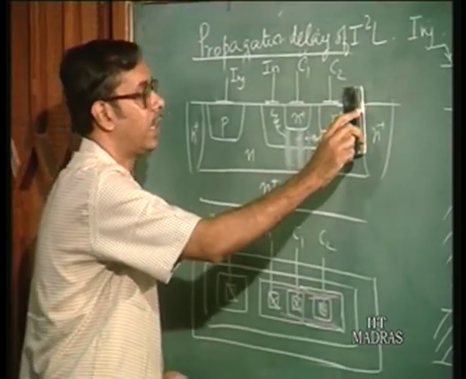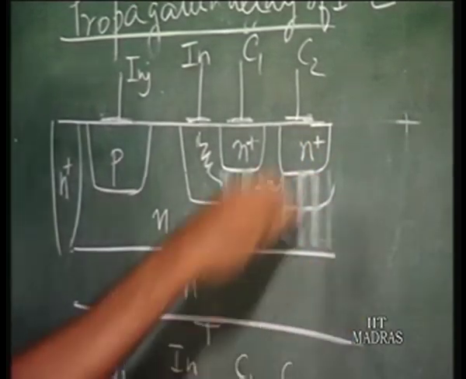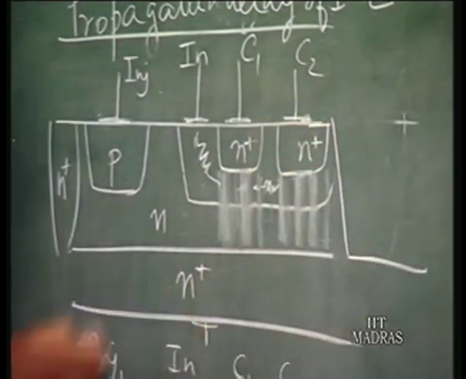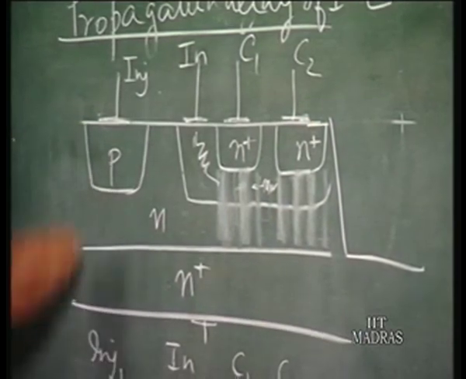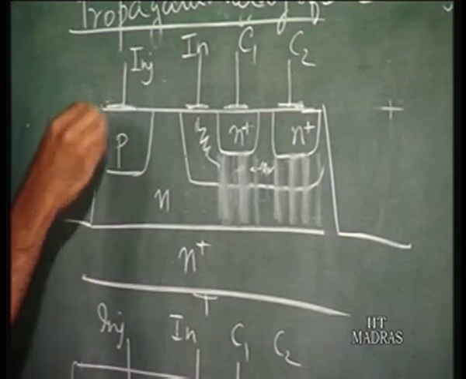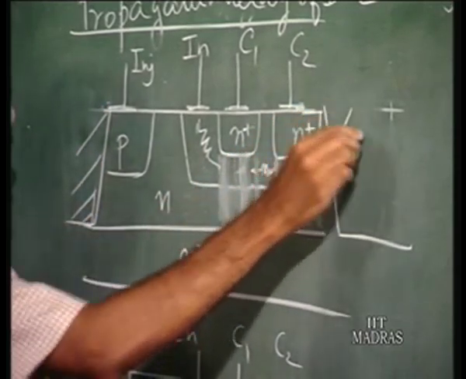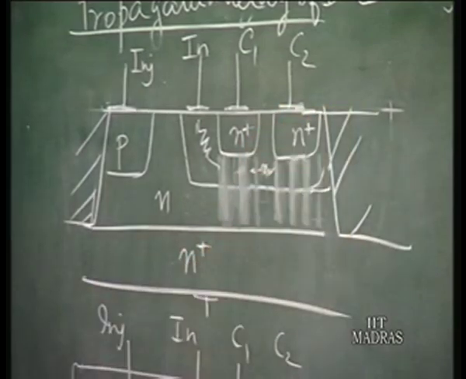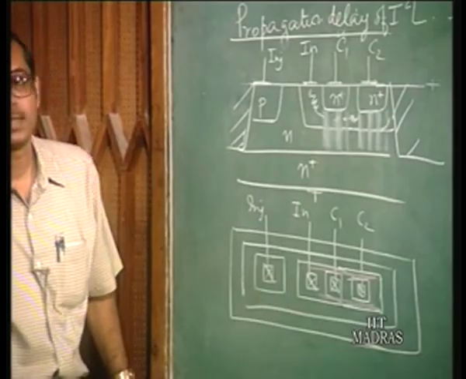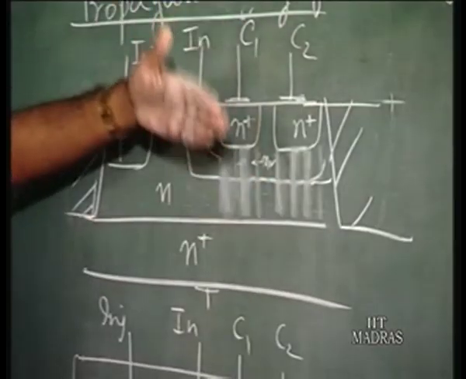modify this, we have removed this portion, just made this oxide. It goes all the way here. I think that is the same as this. And not only on this side but also on the other side.